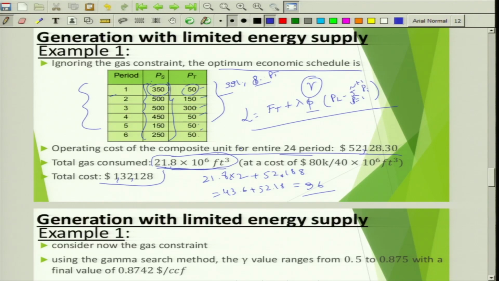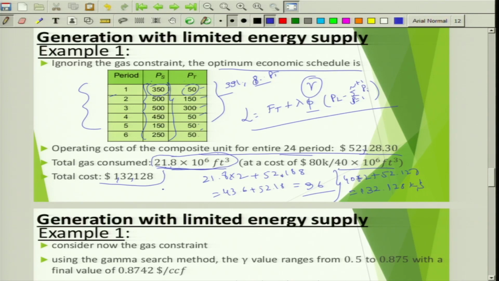The actual price you should have paid is $96,000, but since you are forced to utilize 40 into 10 to the power of 6 feet cube, how much you are paying is 40 into 2 plus 52.128, this is coming out to be 132.128 kilo dollars, or 1,32,128.